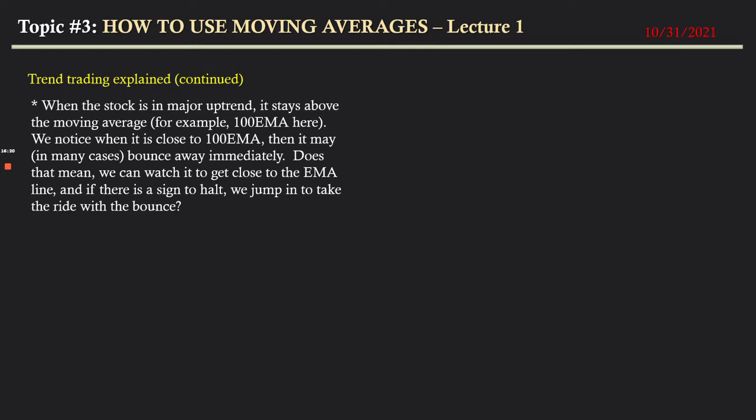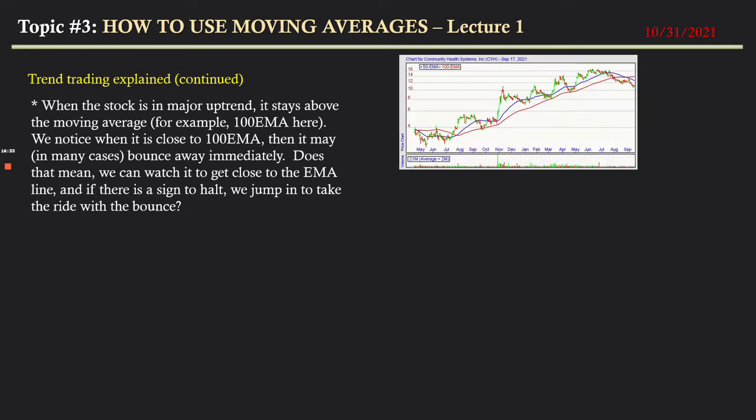The idea is that when a stock is in a major uptrend, it stays above the moving average. We notice that when it gets close to the 100 EMA, it may bounce away immediately. See, when it got close to this 100 EMA, it bounces back up.